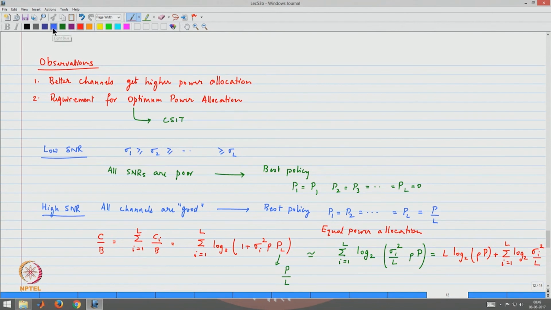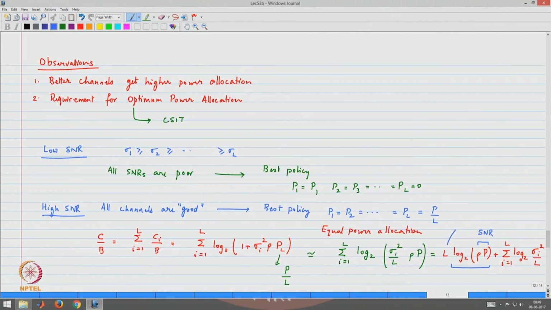I would like to highlight the following. You have logarithm base 2 of rho times P, where rho times P is proportional to the SNR.